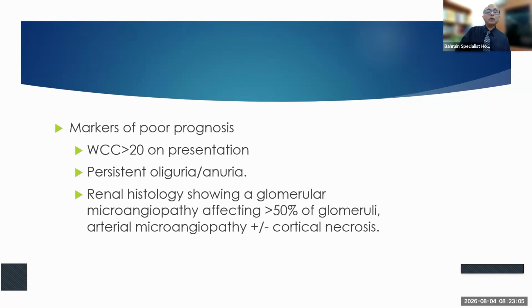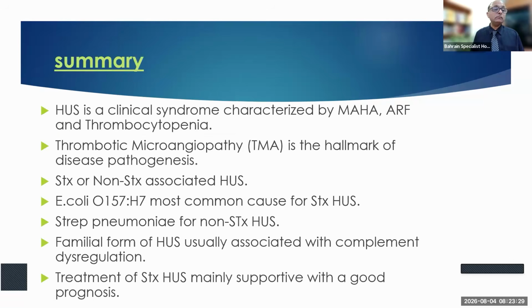Poor prognostic markers: WBC more than 20,000 on presentation, persistent oliguria or anuria, renal histology showing glomerular microangiopathy affecting more than 50% of glomeruli, and arterial microangiopathy with or without cortical necrosis.